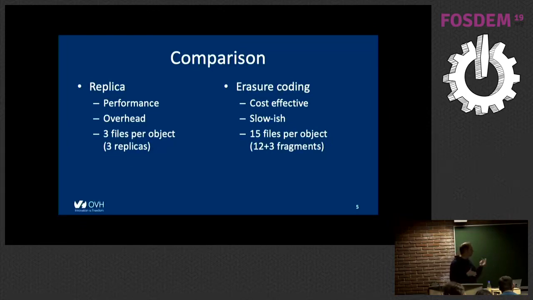While erasure coding is cost effective, it's kind of slow because you need to open many connections and then do the mathematical operation to rebuild the object. In our production, we have 3 replicas and 12 plus 3 fragments, as I told you before. So on a cluster, for replica, we have 3 files per object, while with erasure code, we have 15 files per object. So you see a difference: 5 times more files when using erasure code.